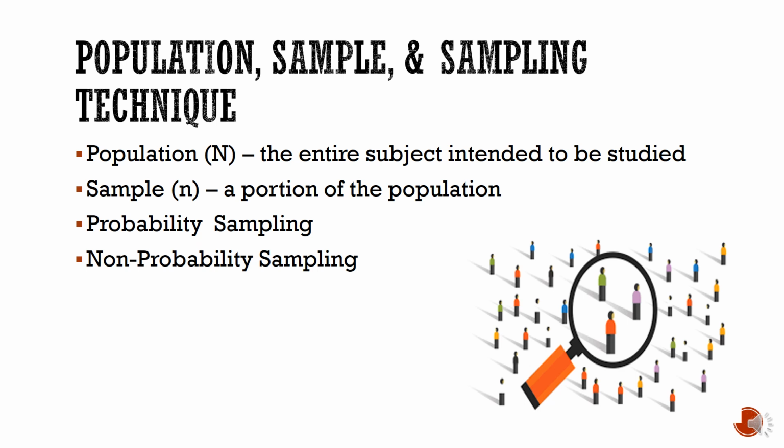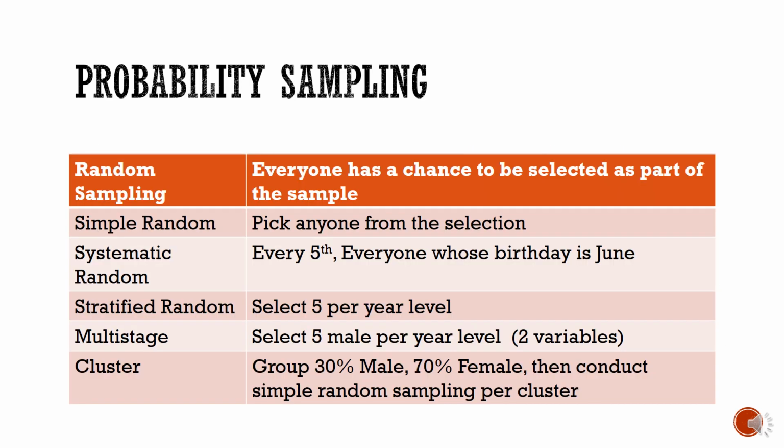Okay. There are two types of sampling. We have the probability and non-probability sampling. We will discuss. For probability sampling, this is called random sampling. There are different types of random sampling. We have simple, systematic, stratified, multi-stage, and cluster. For example, random sampling, everybody has a chance to be selected as part of the sample. So if in a class of 42, I can just get anyone there.